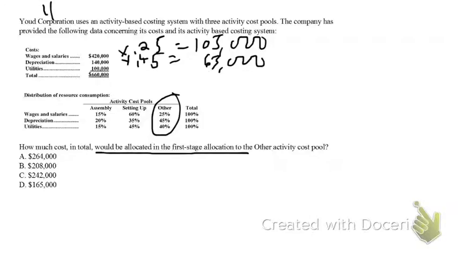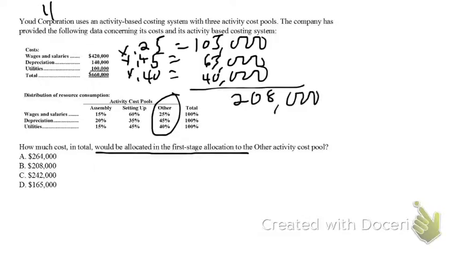And I take the 100,000 and multiply it times 0.4, which gives me 40 grand. I sum all those up and get 208,000. That is the amount I need to allocate in the first stage. Keep in mind, I now have to find out how many I produced so I can divide it to figure out the second stage. But 208,000 is what I need to allocate.